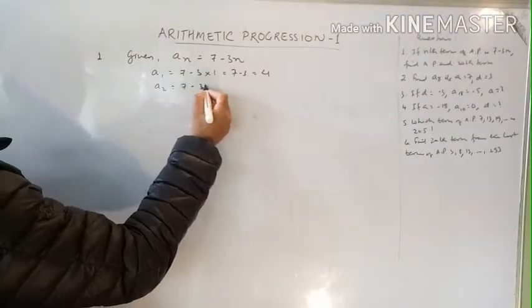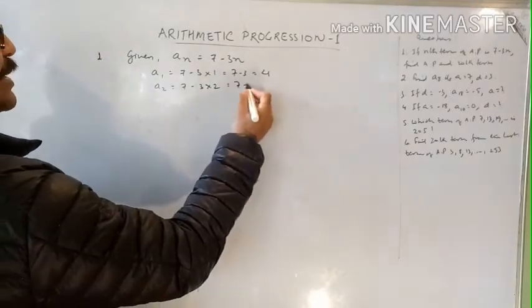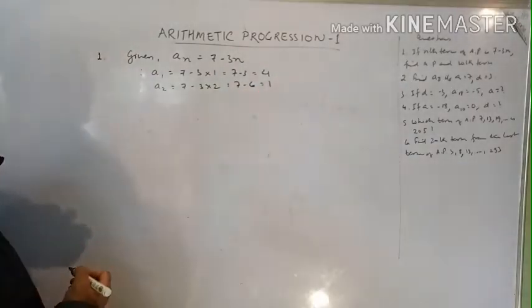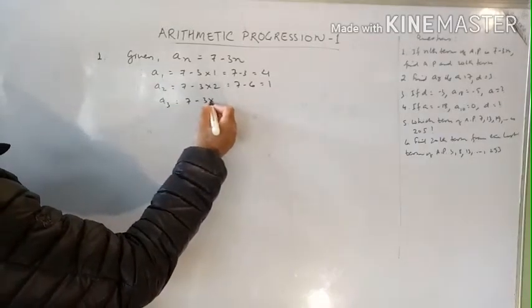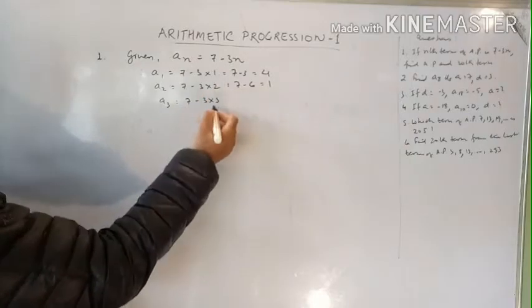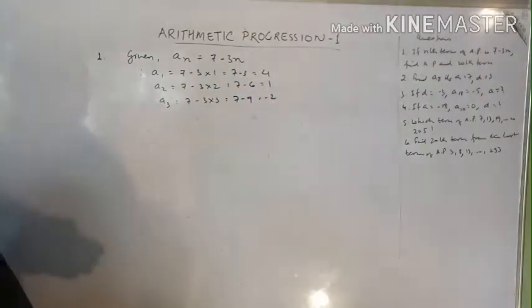Now find A2. 7 minus 3 into 2, because n equal to 2. So that is 7 minus 6, that is 1. A3: 7 minus 3 into 3, n equal to 3. That is 7 minus 9, so that is minus 2.